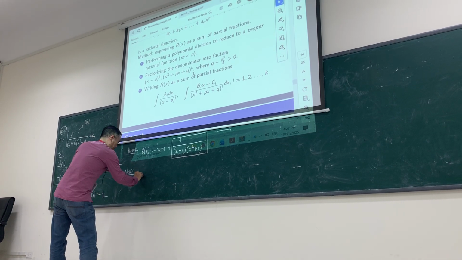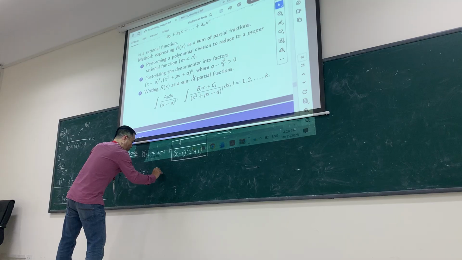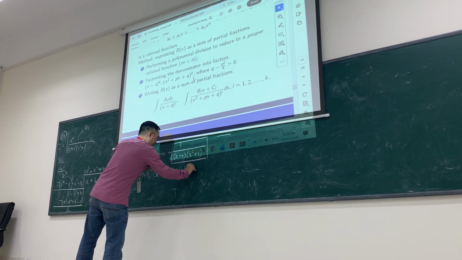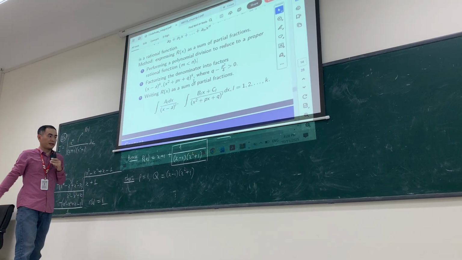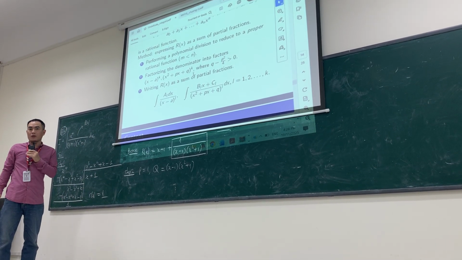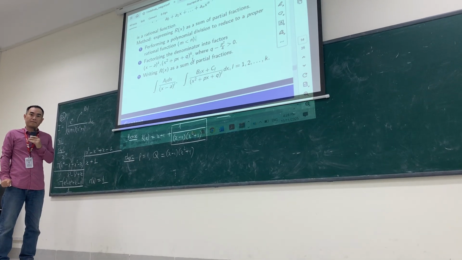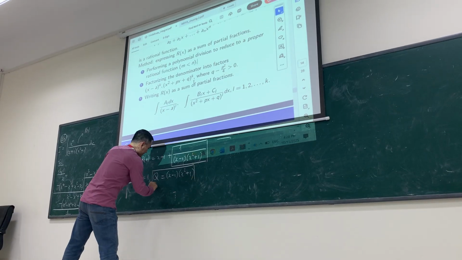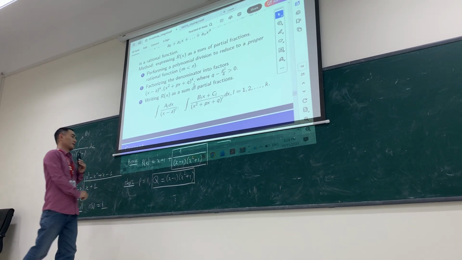You can denote P equal 1, Q equal to x minus 1 times x squared plus 1. I think you can express Q as the product of polynomials of degree 1 and 2. Step 2.